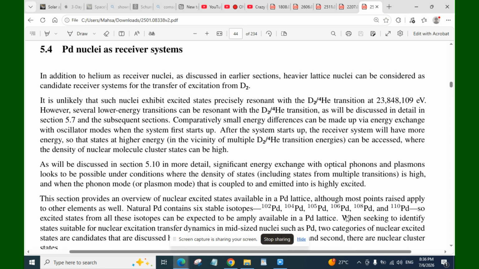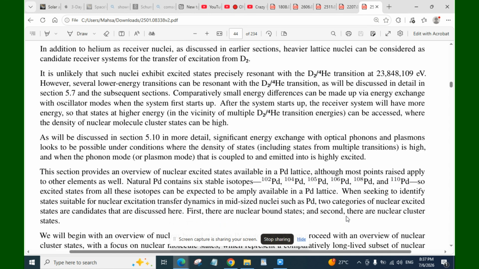Comparatively small energy differences can be made up via energy exchange with oscillator modes when the system first starts up. After the system starts up, the receiver system will have more energy, so that states at higher energy than in the vicinity of the multiple deuterium helium-4 transition energy can be accessed, where the density of the nuclear molecular cluster states can be high.